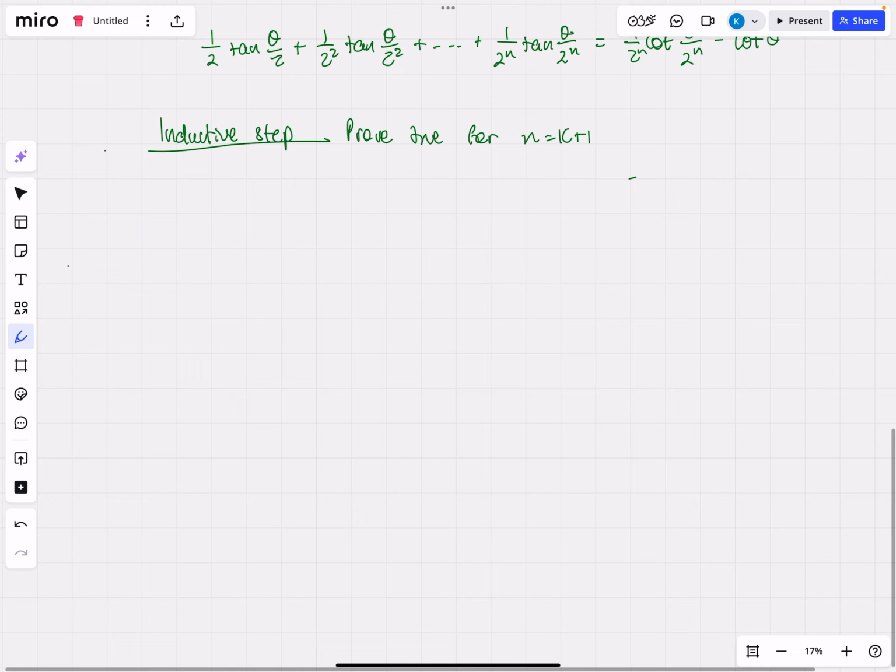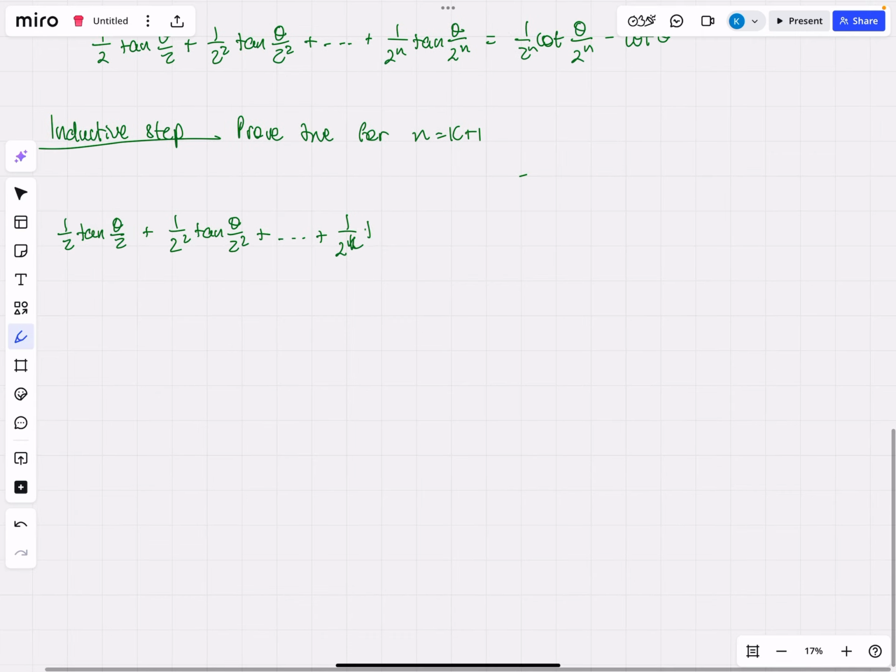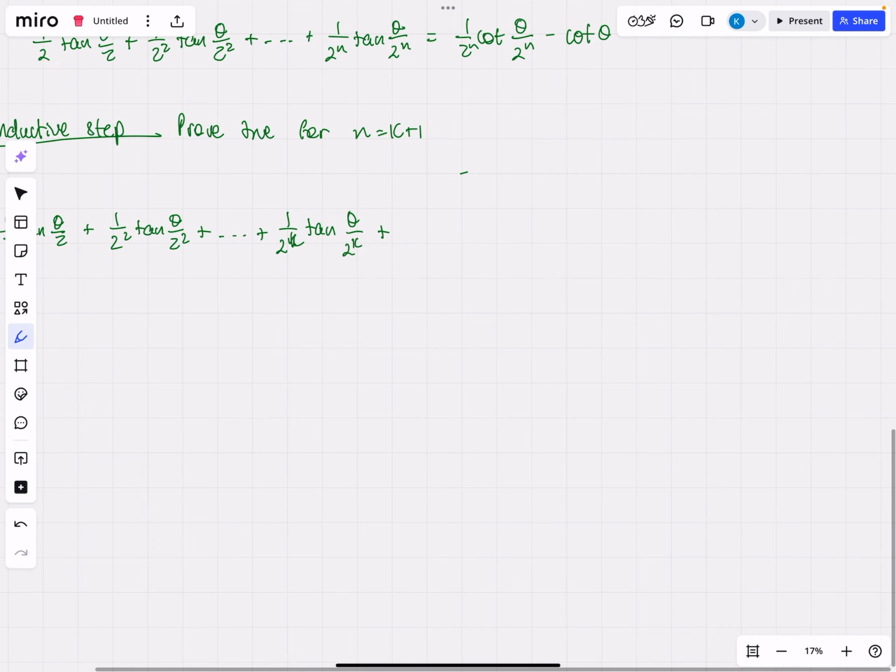So we have 1/2 tan theta over 2 plus 1 over 2 squared tan theta over 2 squared plus up to 1 over 2 to the k tan theta over 2 to the k, plus 1 over 2 to the k plus 1 tan theta over 2 to the k plus 1.